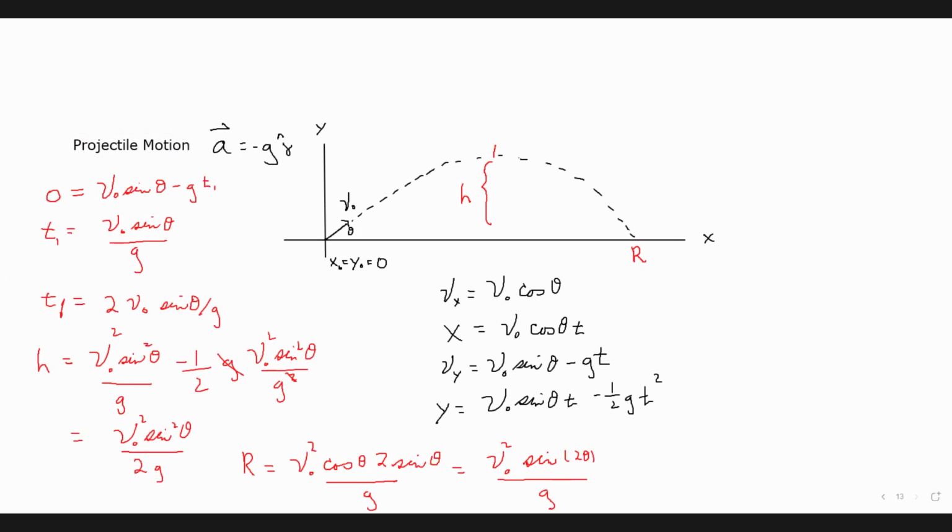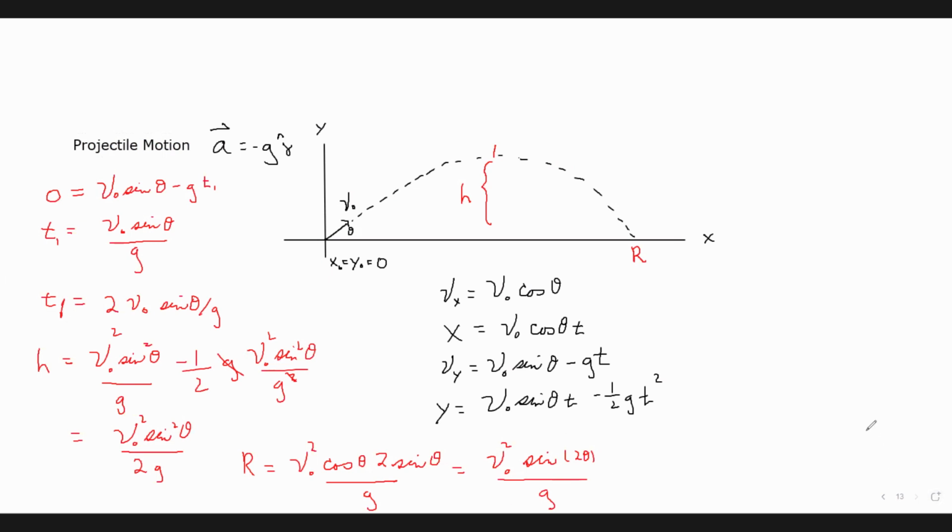All right. What else can I squeeze out of this? Well, what is the angle theta at which the range is a maximum? So here's the equation for the range right here. What value of theta maximizes this function?